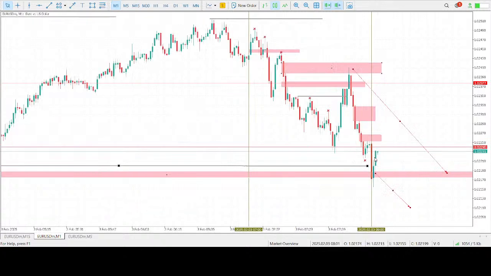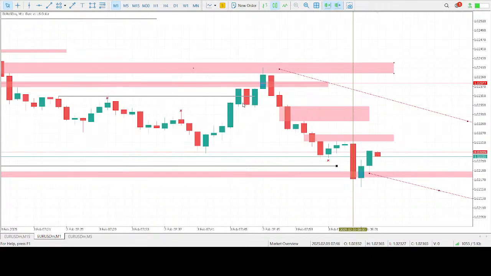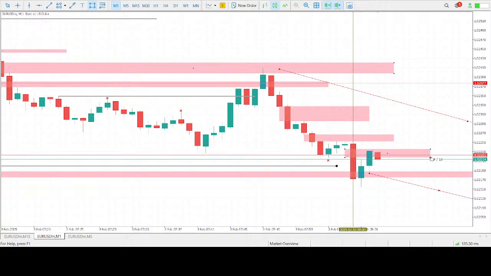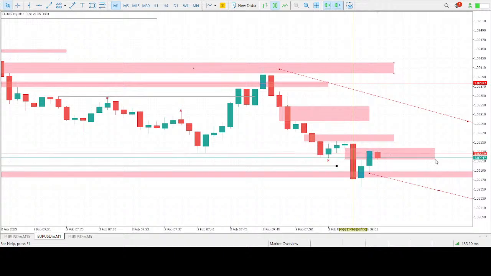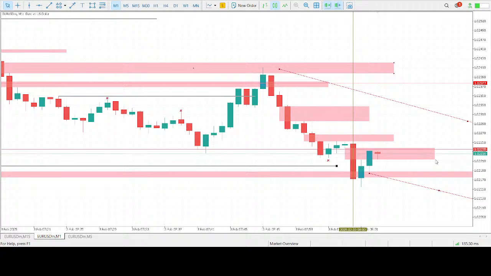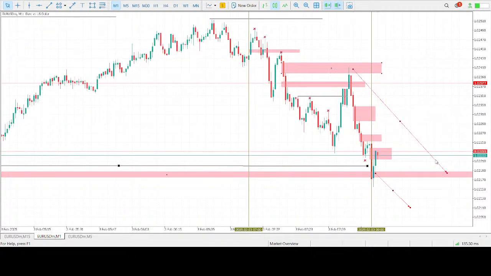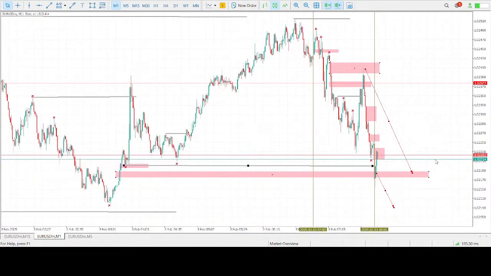We would want for this fair value gap to hold in case we are to think about price rallying lower. Otherwise, we could have a potential move to the upside as well.